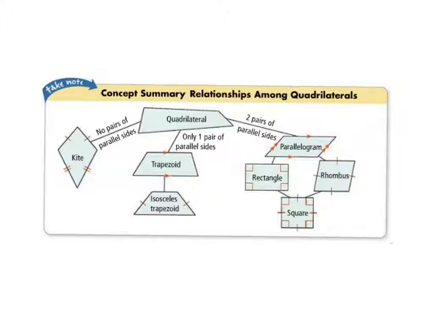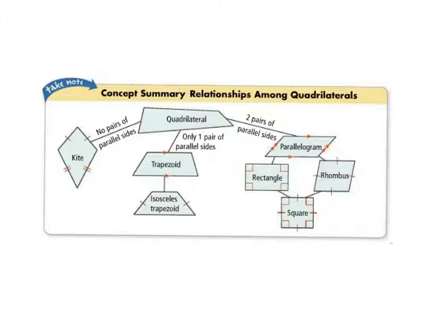I just want to turn your attention to your last page here. You're not going to take any real notes on this, but it's a summary of the relationships among all the quadrilaterals that we've talked about. Quadrilateral is the very general name for any four-sided shape. It can have no special properties, or it can have the ones we've talked about.